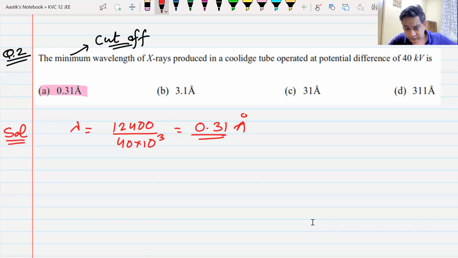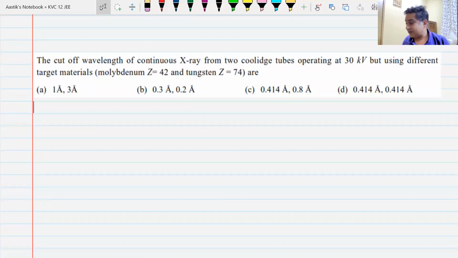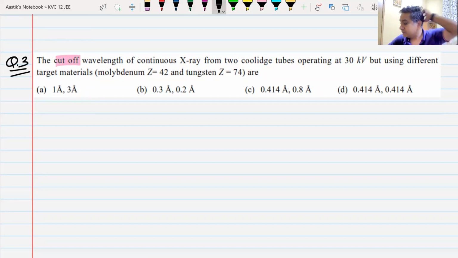Okay, this is one question. Here, the cutoff wavelength, as I told you. You must understand what is this cutoff wavelength. The cutoff wavelength for continuous X-rays from two Coolidge tubes operating at 30 kilowatt, but using different target metals. Now, we have not discussed the target metals, but they are using different target metals. One is molybdenum, and the other one is tungsten. Which is the correct answer? For finding out this answer, you do not have to even use your copy and pen.